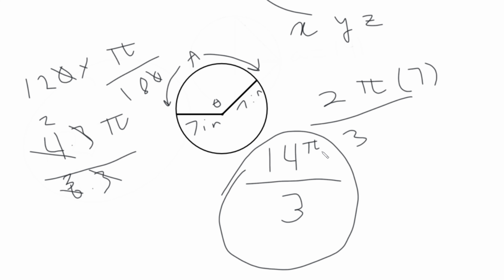And then you could do 14 pi in a calculator, using 3.14159 as pi, so 14 times pi, divided by 3, approximately 14.6607.